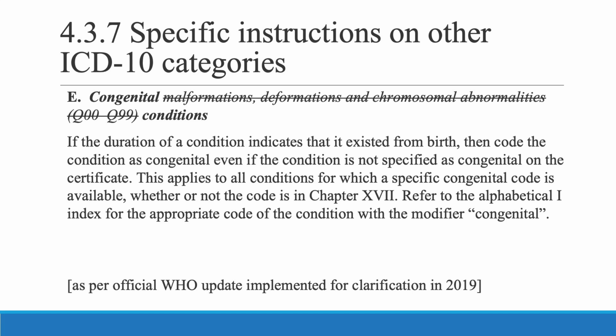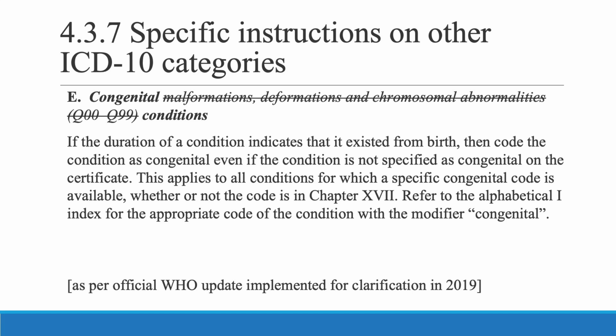If the decedent is under 1 year, aneurysm, aortic stenosis, atresia, atrophy of brain, etc., should be coded as congenital, unless there's an indication they were acquired after birth. Similarly, if the decedent is under 4 weeks of age, heart disease and hydrocephalus, not otherwise specified, are assumed to be congenital.